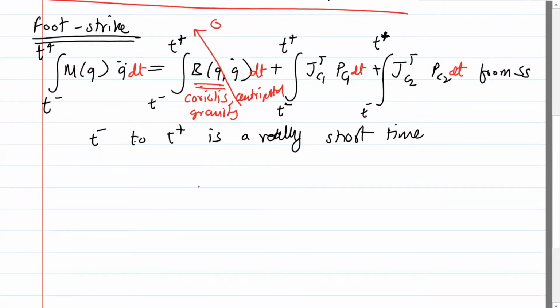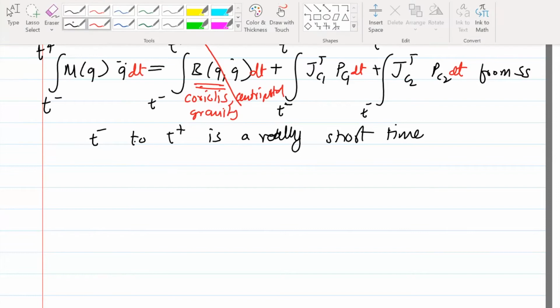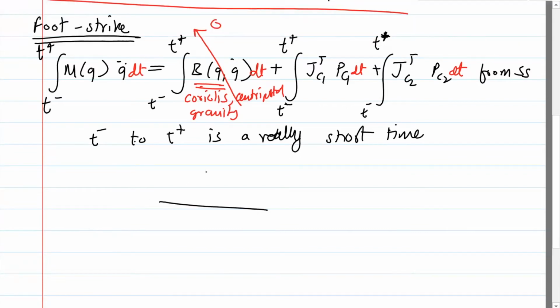Now, when the front foot hits the ground, let's draw this caricature here again. This is C1, and the other leg is C2. So this foot is going to hit the ground.